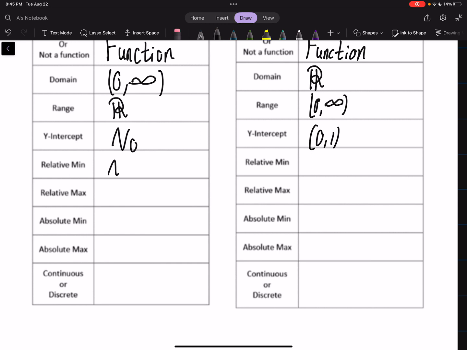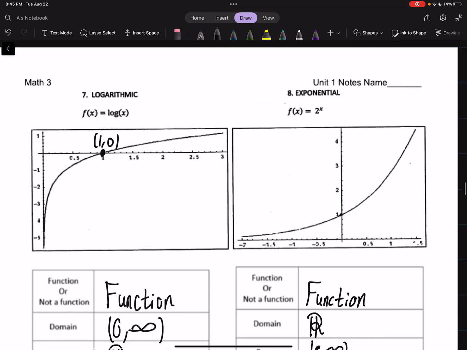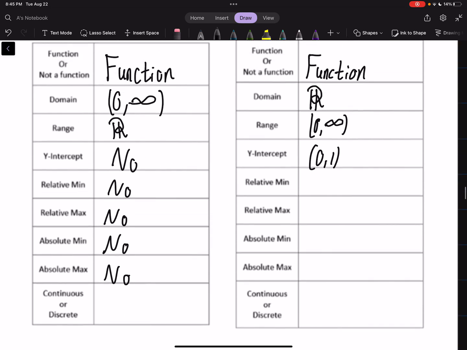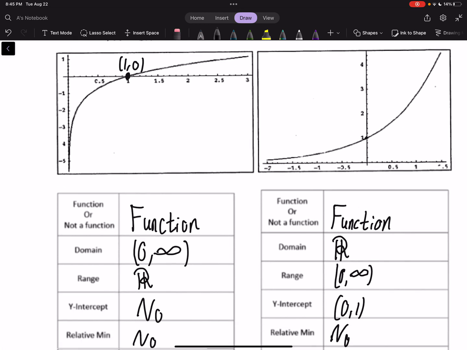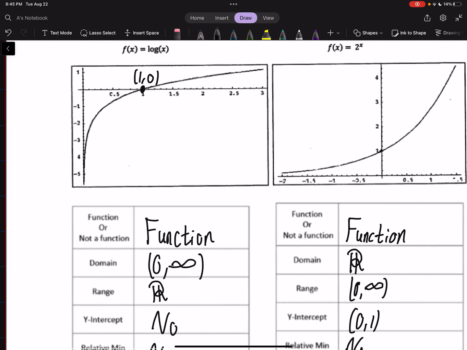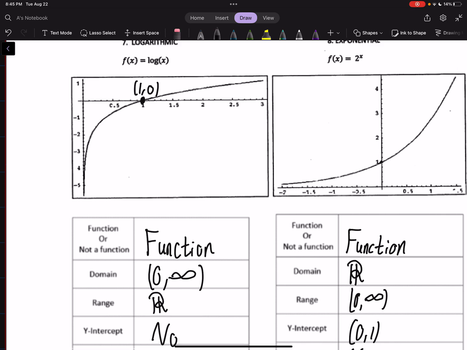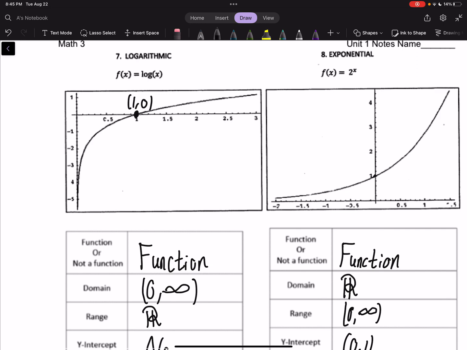There's not a relative minimum or max. On exponential, there is not a relative minimum or maximum. If you were to write 0 for this, it never reaches 0 for absolute minimum, but it doesn't go any lower than 0.